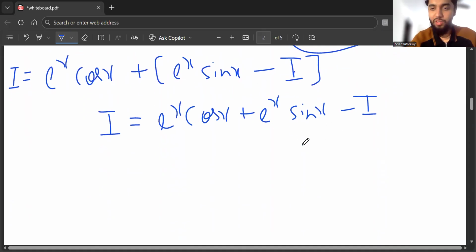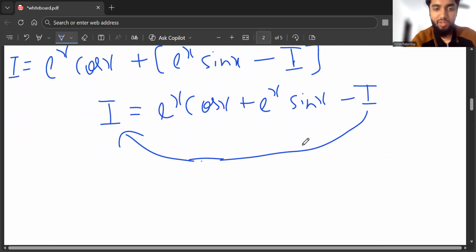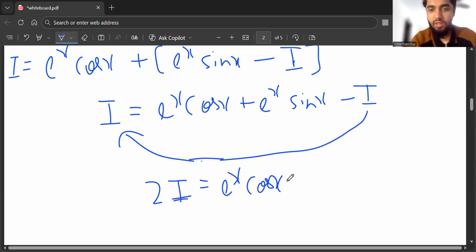What I'm gonna do is take that negative I and bring it over here, so that becomes plus I, and I plus I would be 2I equals e to the x cosine of x plus e to the x sine of x.